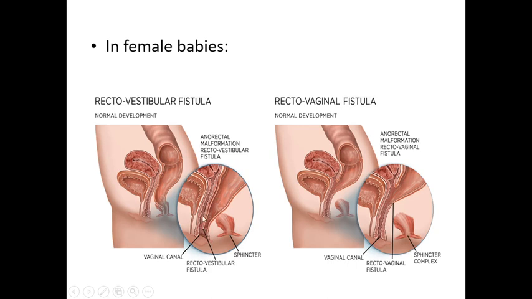It opens into the vaginal canal. So this is one abnormality. Now here also the same thing. You can see, instead of opening into the anal opening, it opens into the vaginal canal. So that's in a female baby.